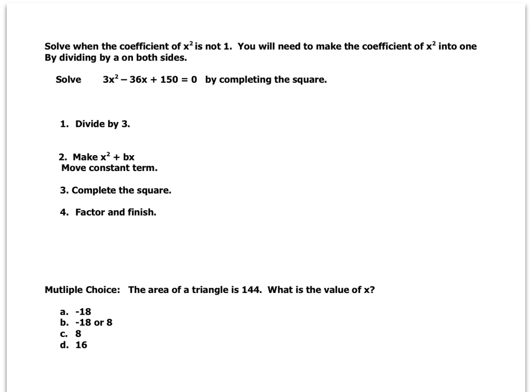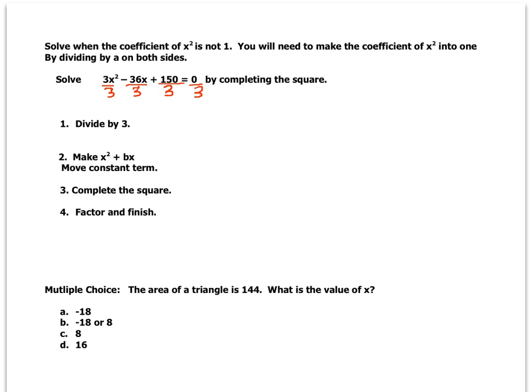So if we divide all three of these by 3, since they're all divisible by 3, that will make our first coefficient 1. So I'm going to divide this piece by 3, this piece by 3, this piece by 3, and this piece by 3. Everything on both sides I'm going to divide by 3.